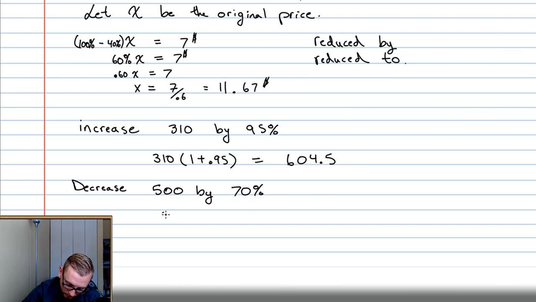Which means you would want to go 500 times 1 minus 0.7. Or it would go down to 30% of its original value. So 30% of that would be what, 150? And what is it, 500?